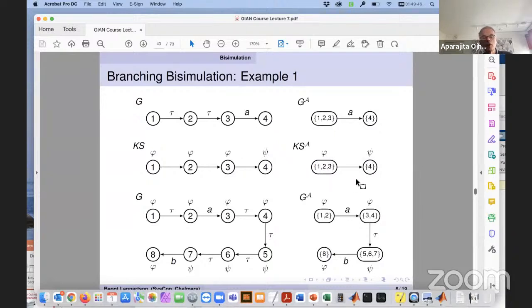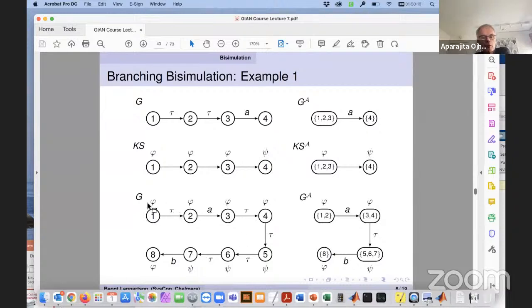Now it could happen that you need to make further changes here, or further partitioning, we can say. Let's take this example, which now has both state labels and transition labels, and some of the transition labels are tau.